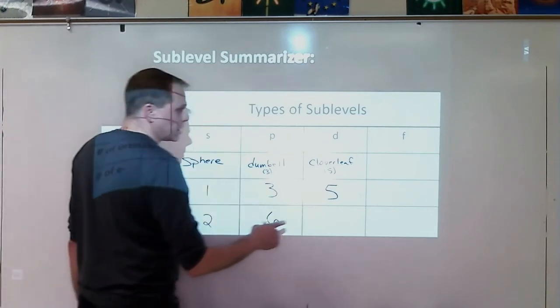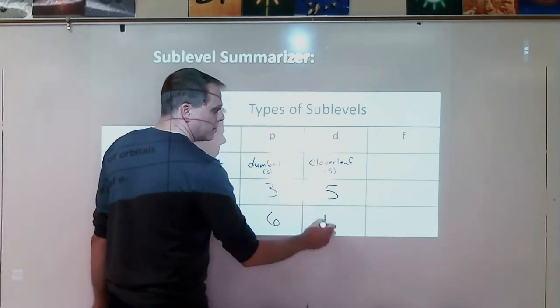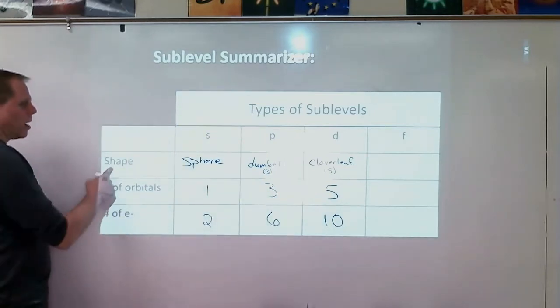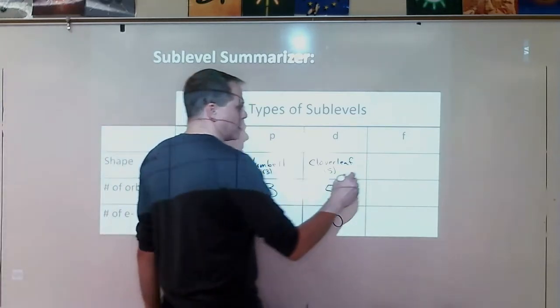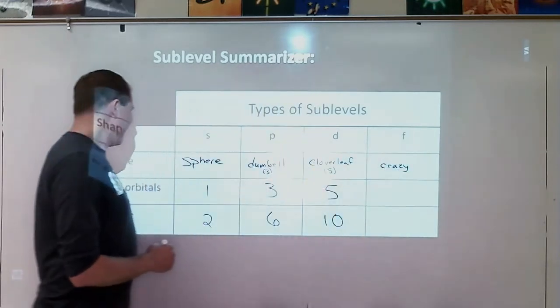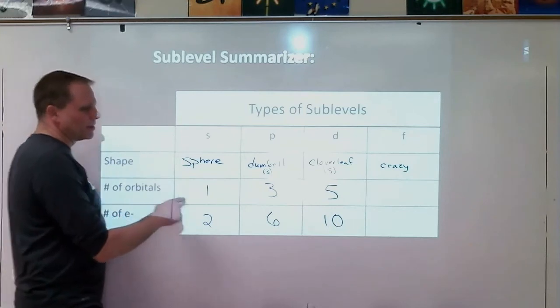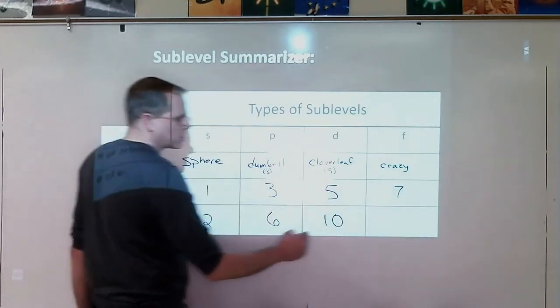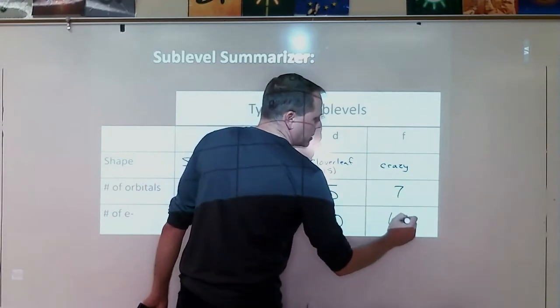The number of electrons I can hold in d is going to be 10, 5 times 2. And the shape of f, I don't know what the names of these are. I can just call them crazy. We can have 7 different orbitals here, and then we can have 14 electrons.